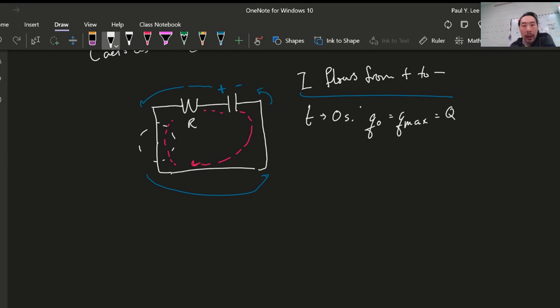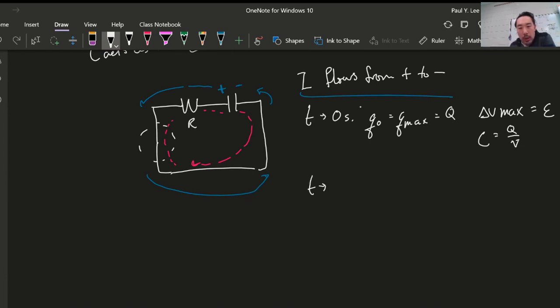Okay, and at this point, we also have the delta V max, where this delta V will be equal to the EMF because it acts like the battery. And we also know the formula for capacitance is Q over V, and when we charged it up, that V was just the EMF source.